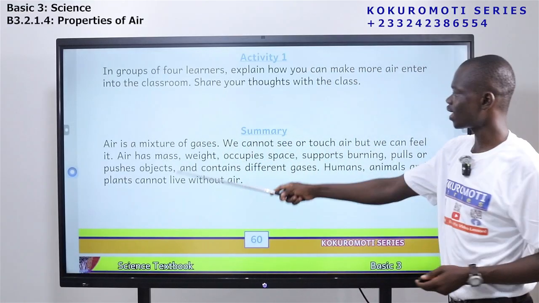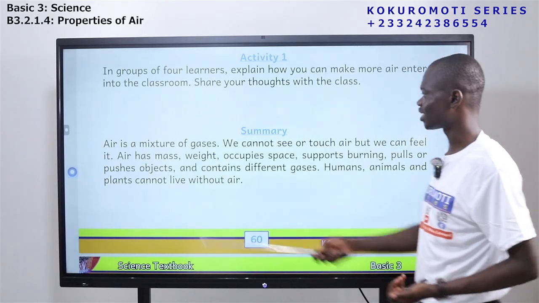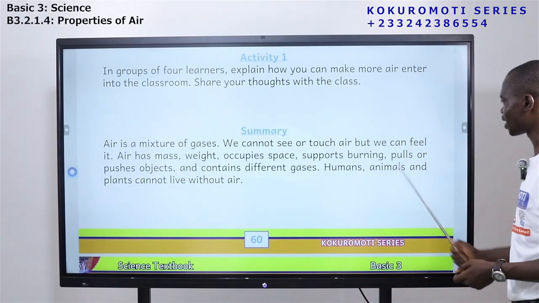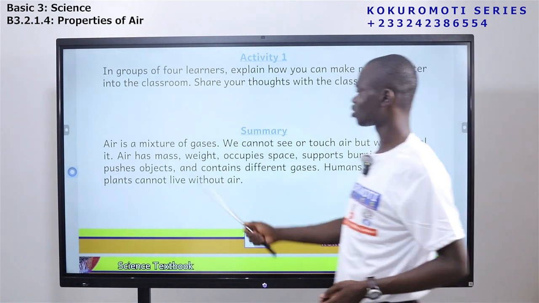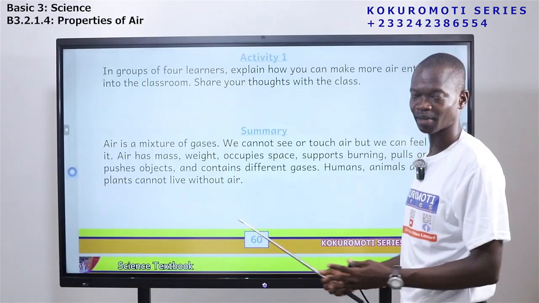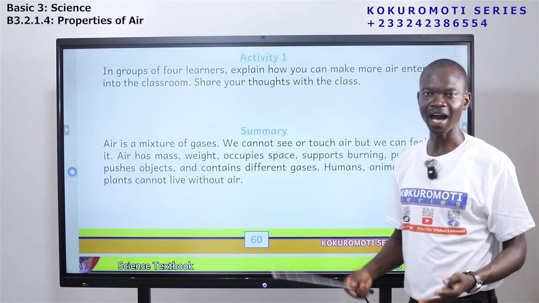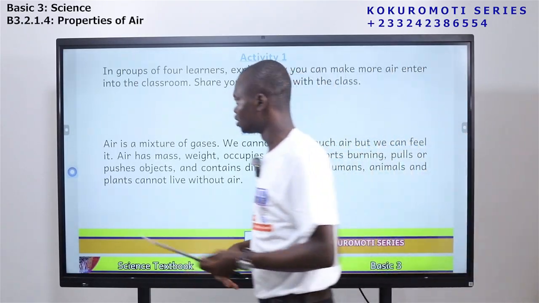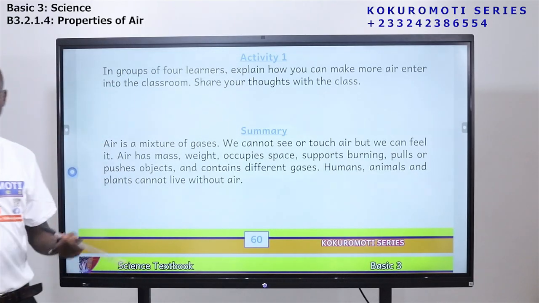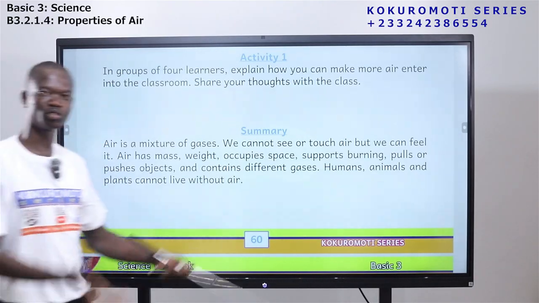Okay, so air has properties. One of them is that it has mass, weight, it can occupy space, it supports burning, it pulls or pushes objects, and contains different gases. So these are some of the properties of air. In exams, if you are asked to give properties of air, we have mentioned them. Somebody was just burning something, the aeroplane is moving.